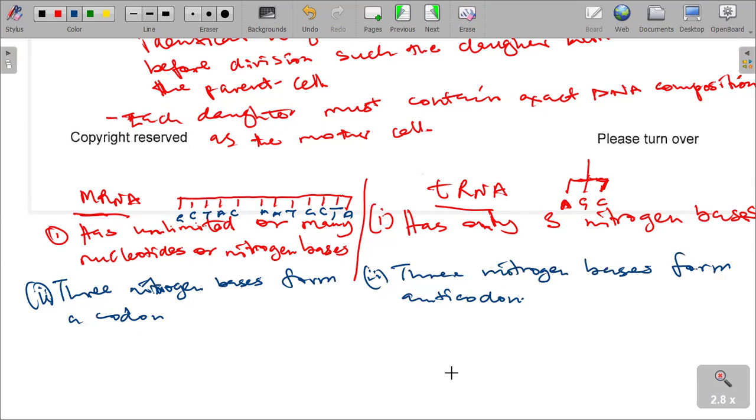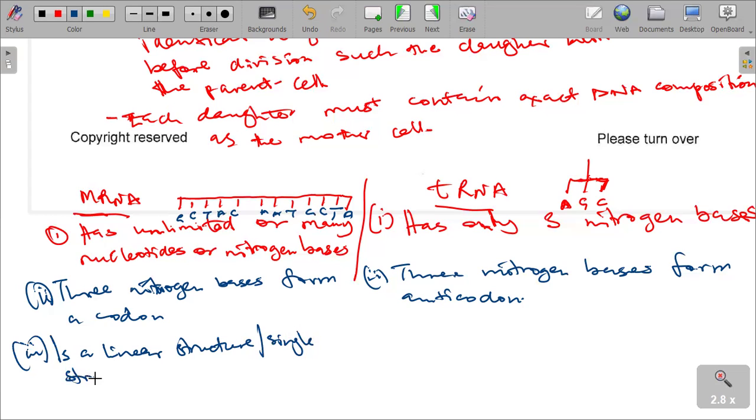We can also give a third difference. mRNA has a linear structure, a single strand.